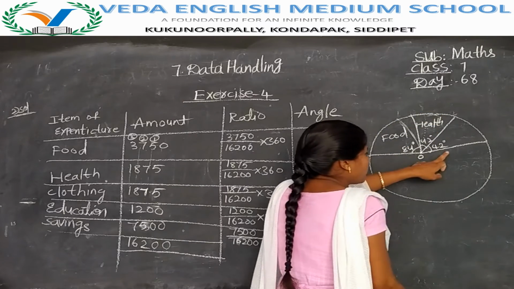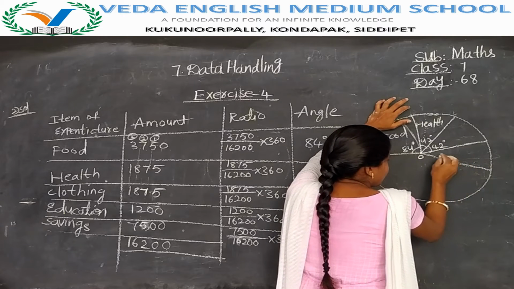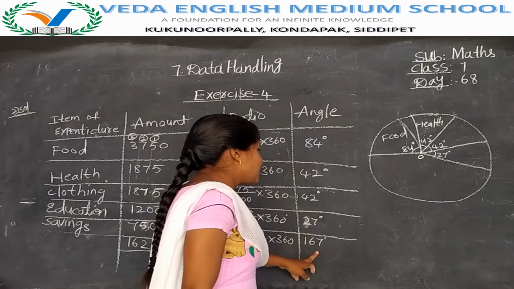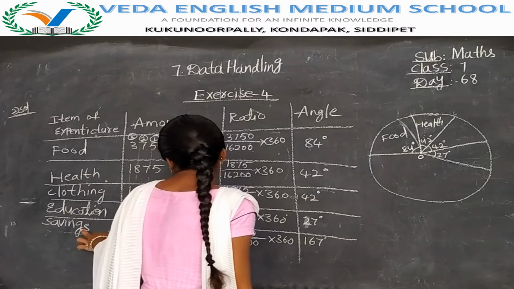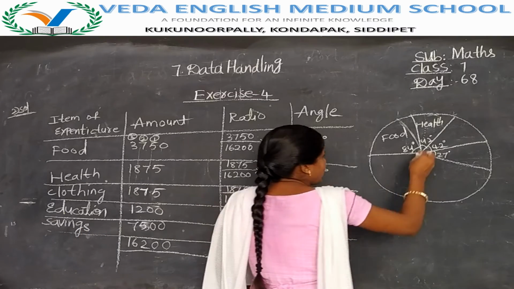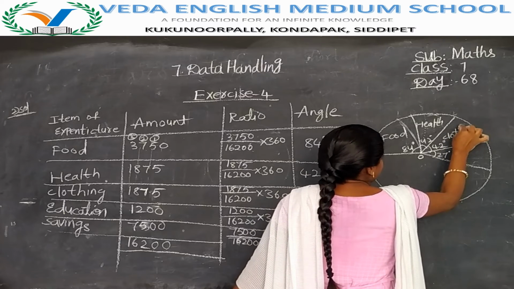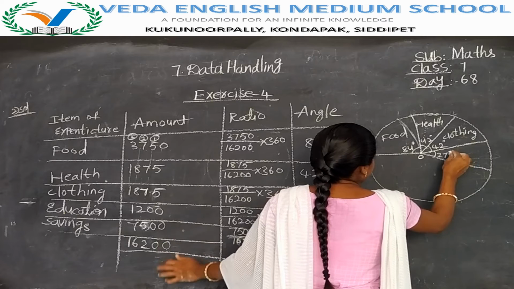Next 27. Keep your protractor here and draw 27 degrees. I think like this you will get 27. I am not using a protractor here. Last 167. Then the remaining part is 167 degrees. That is for savings. Here you have to write. After health, what is their clothing? After clothing, what do we have there? Education.